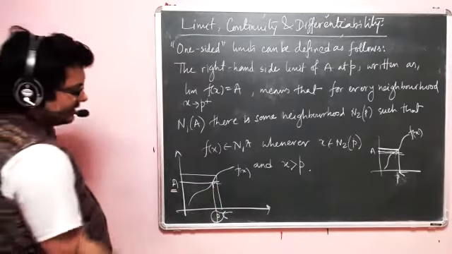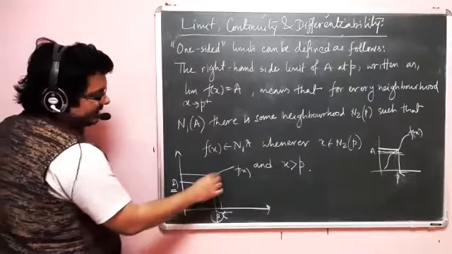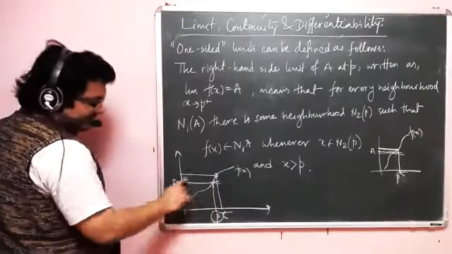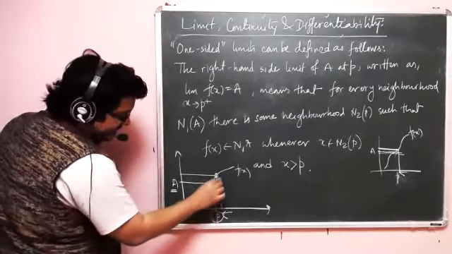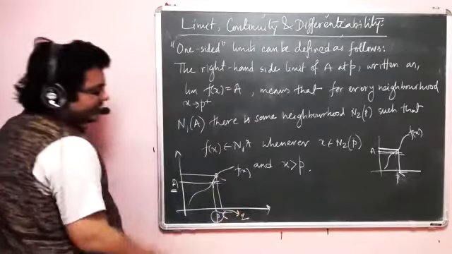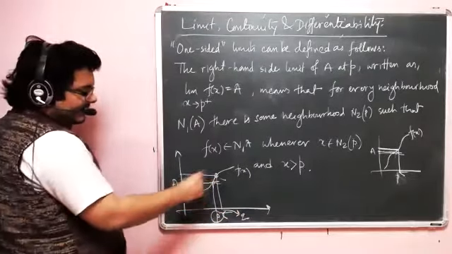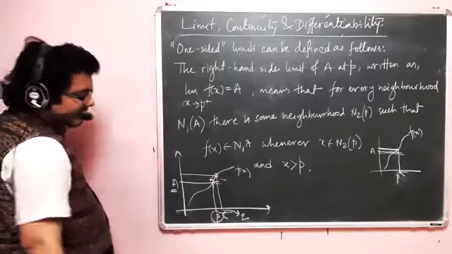So if this is the drawing of my function, then using the same diagram, at this point, let's say this point is some Q, I can go and define a left side limit in the opposite direction, right?